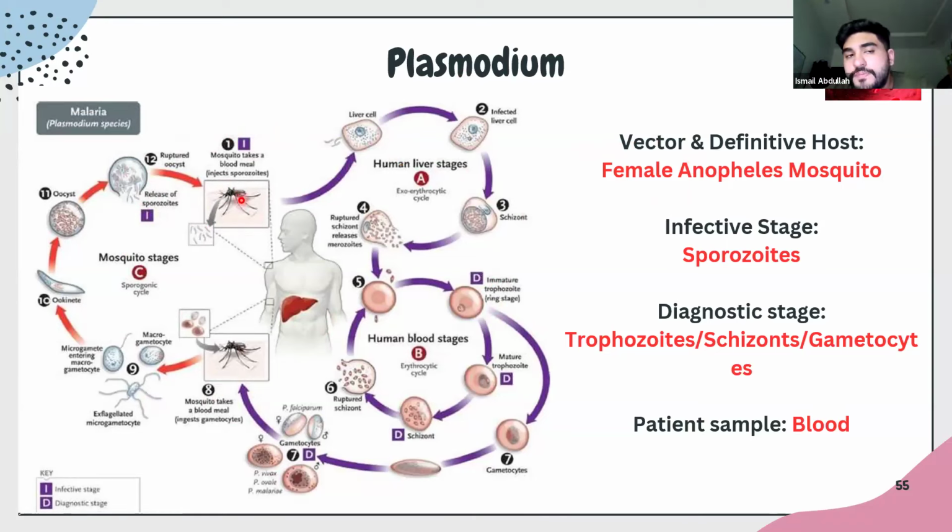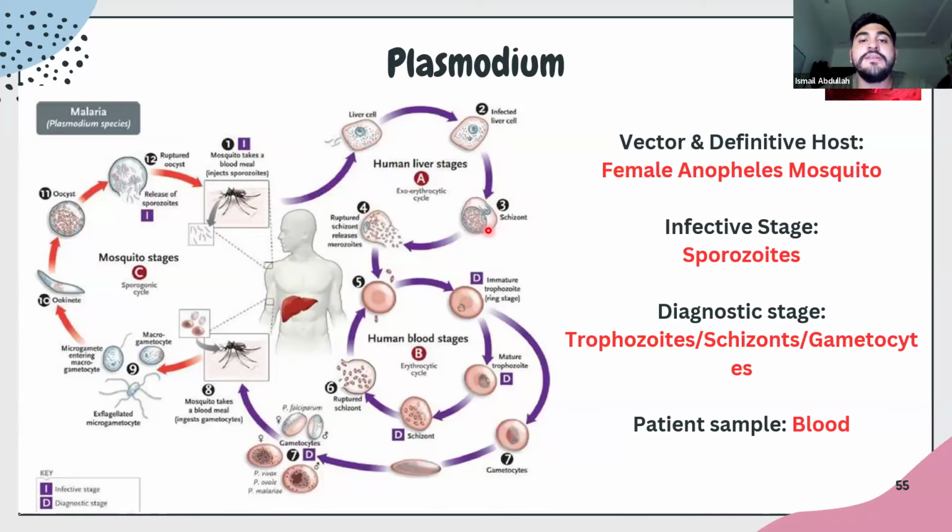So there's this female Anopheles mosquito that's going to inject sporozoites while it's just sucking blood. They're going to go to the liver and infect a liver cell that will give us a schizont.